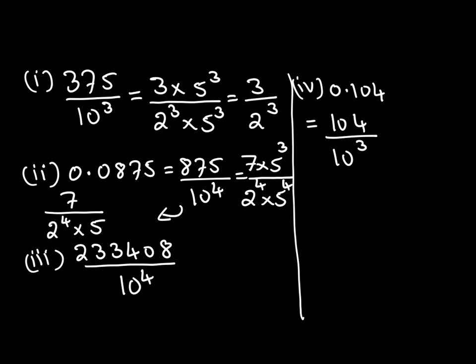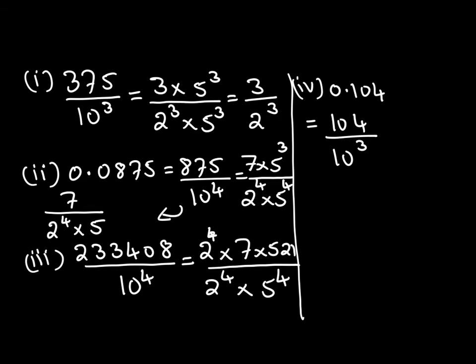And what about 233408? The prime factors of 233408 are 2 to the power 4 times 7 times 521, divided by 2 to the power 4 times 5 to the power 4.